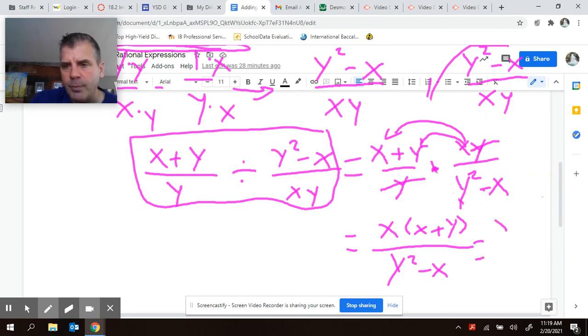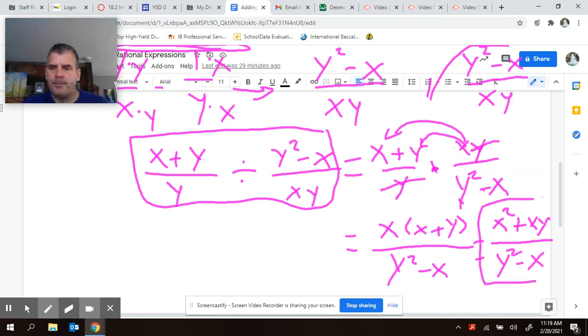You could multiply it through. This would also be acceptable. That is the simplest form of that fraction. Just leave it right there.